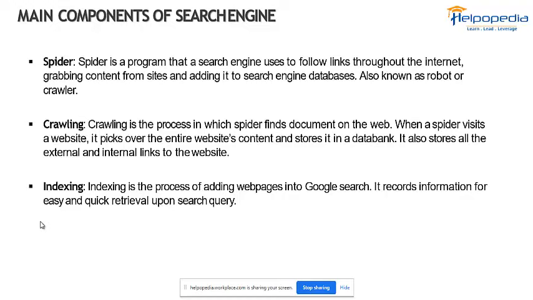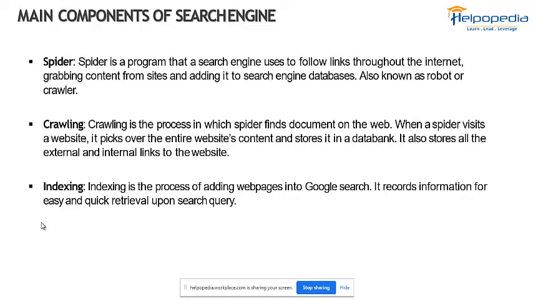Whatever we call them, they are small application programs which are coded, and their work is to go all around the internet worldwide, collect all the new content that is uploaded today, and add it to the Google search engine database.